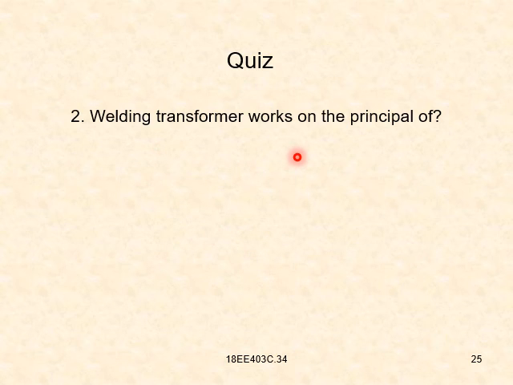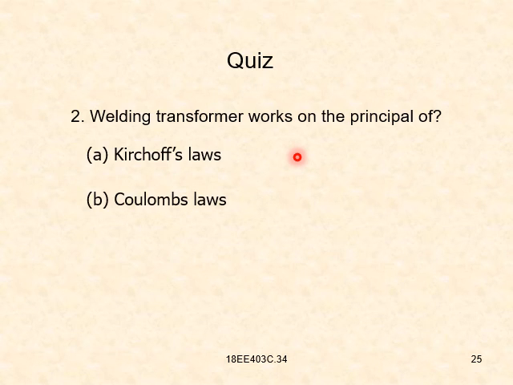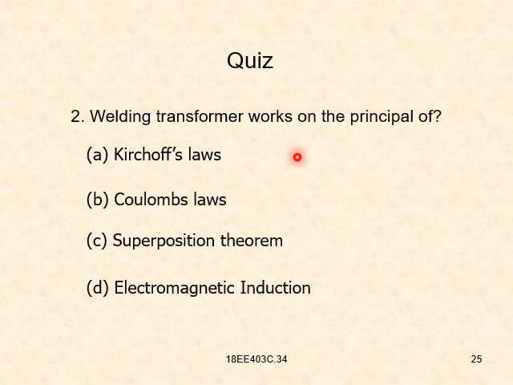Welding transformer works on the principle of Kirchhoff laws, Coulomb's law, superposition theorem, and electromagnetic induction. I think you can guess. You can guess the answer very easily.